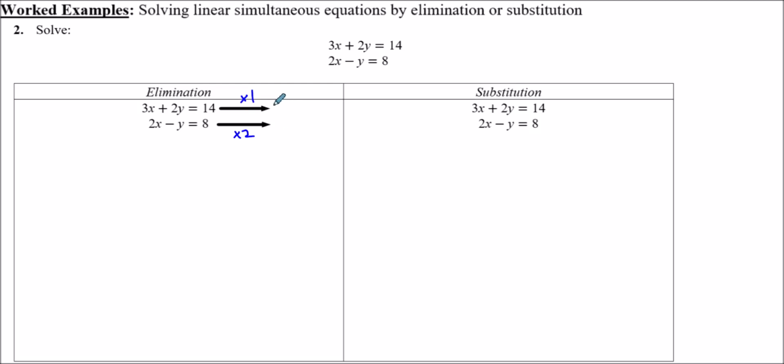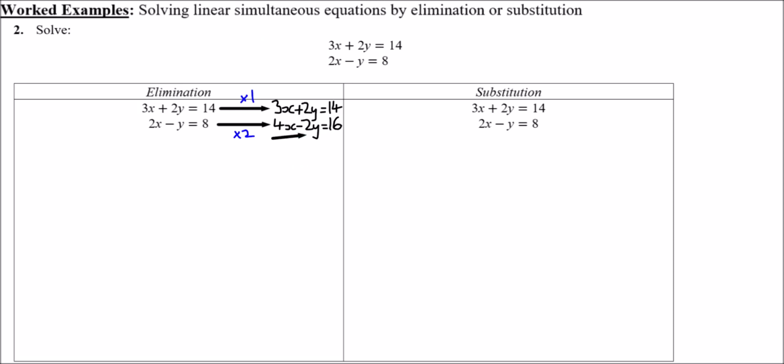What we have then is going to be 3x plus 2y equals 14. This bottom one, when we double everything, will become 4x minus 2y equals 16. Now we've got that, we can add both equations.